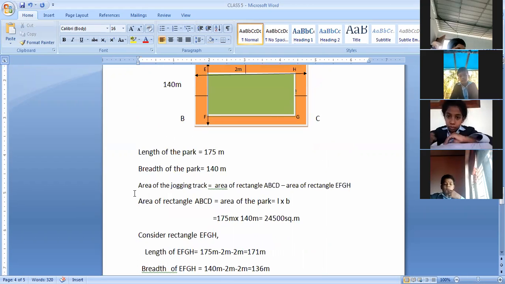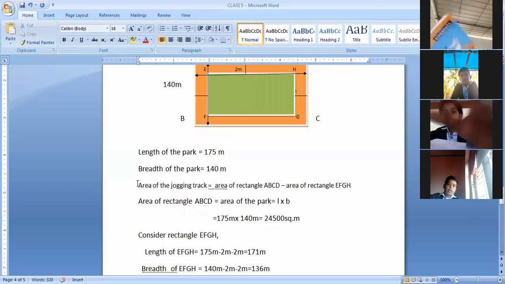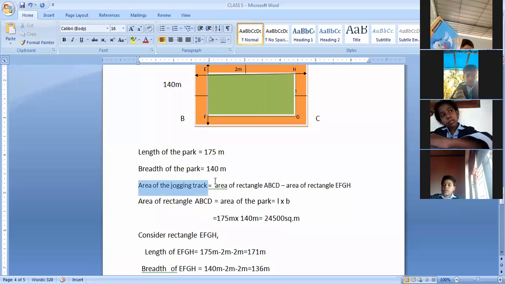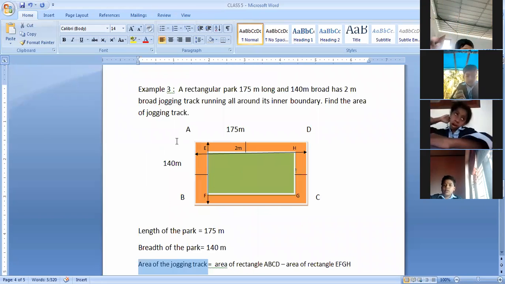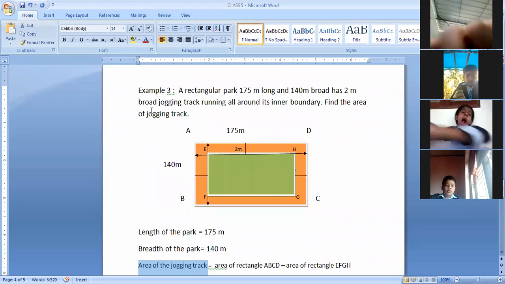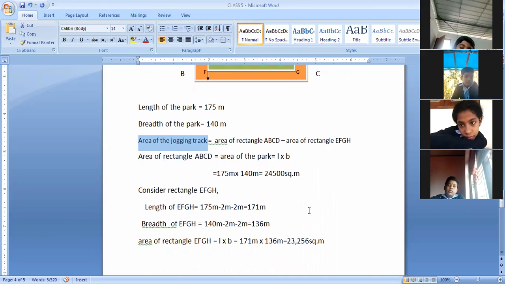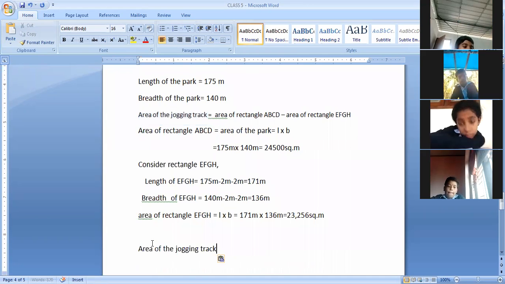So, what is our actual aim? We need to find the area of the jogging track. To find the area of the jogging track, we needed the area of rectangle ABCD that we have found, and the area of rectangle EFGH that we also know. Now we only need to substitute the values.